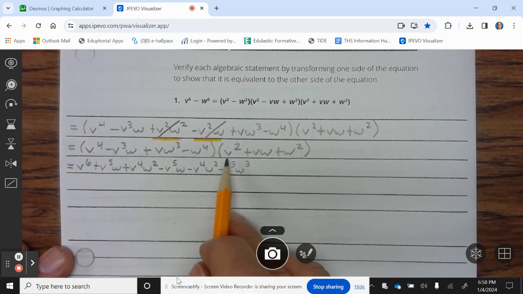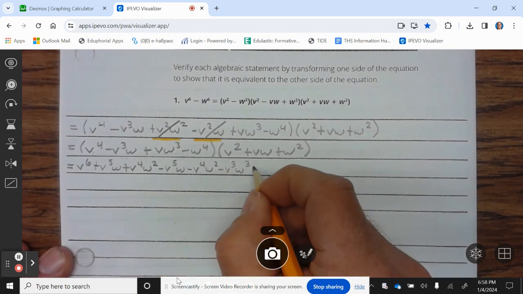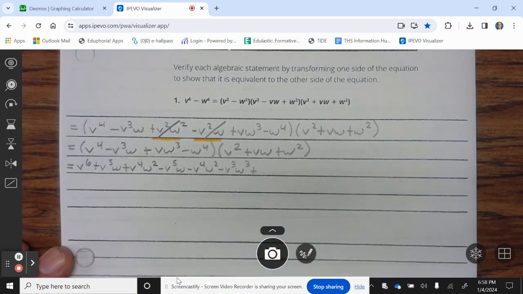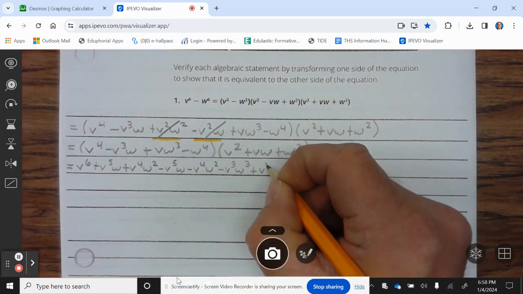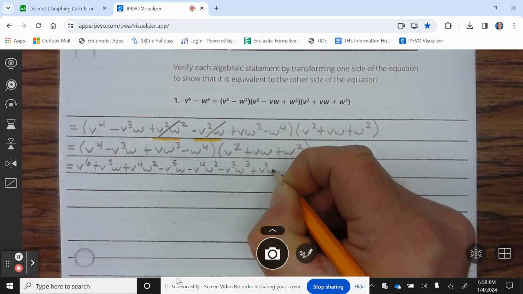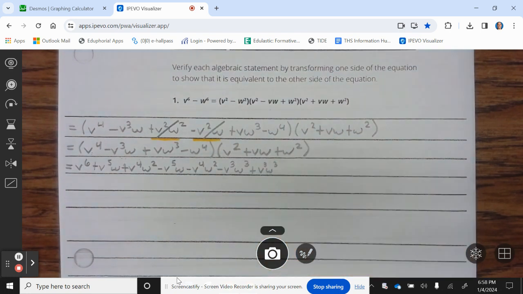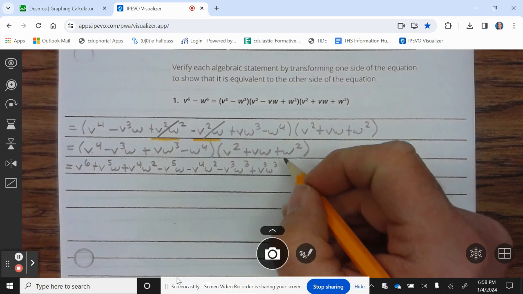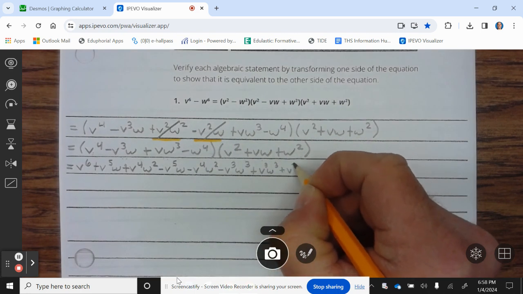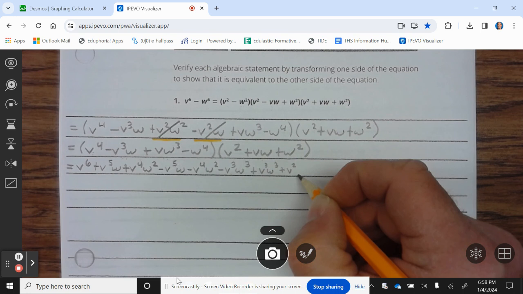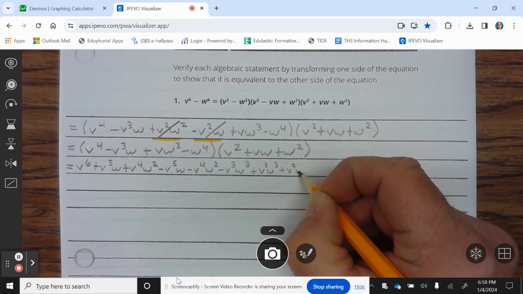Vw cubed times v squared is plus v cubed w cubed. Vw cubed times vw is plus v squared w to the 4th.